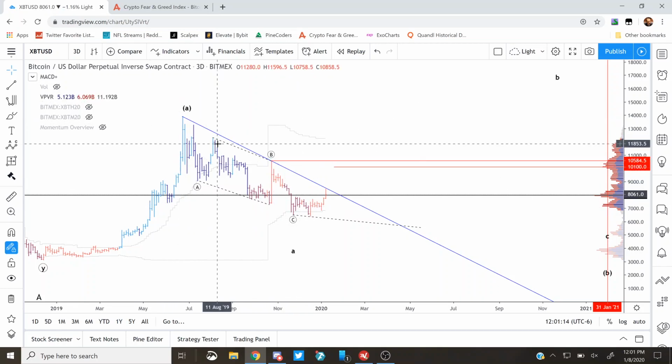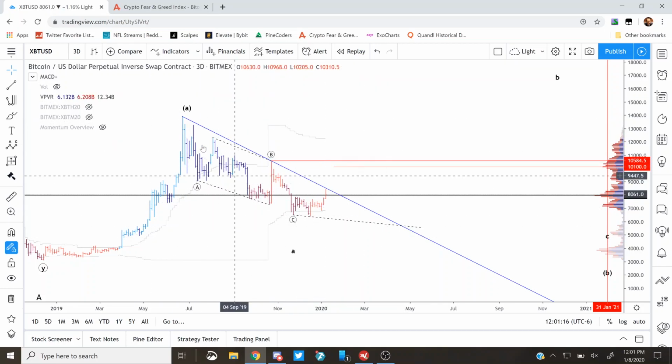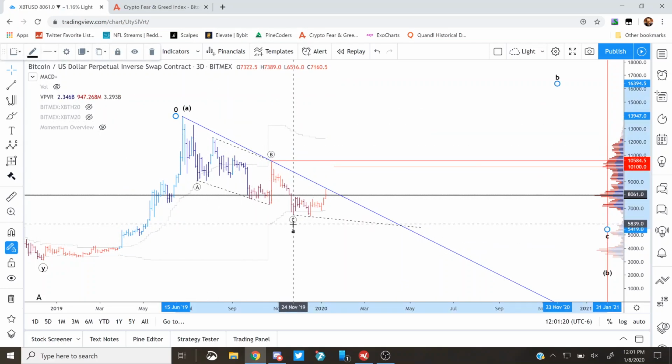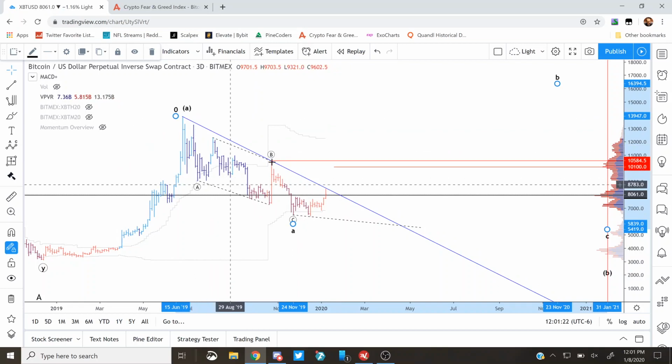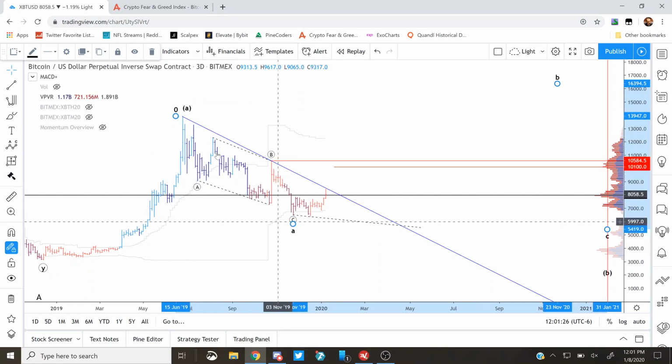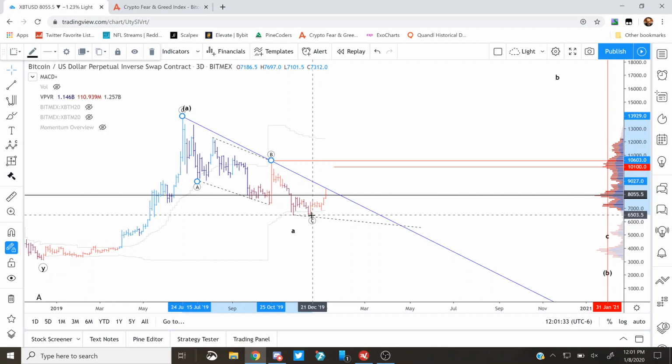Now, if we break this blue trend line, then that would suggest that this move here is complete, whether it's an A or a completed correction of its own ABC. The first corrective piece, we have a corrective structure that completed, and it either completed there or it completed here. I don't care too much either way.